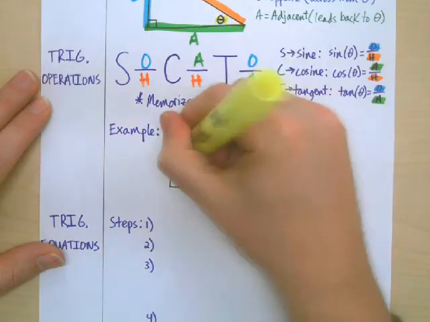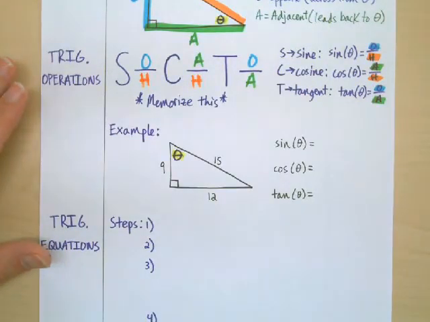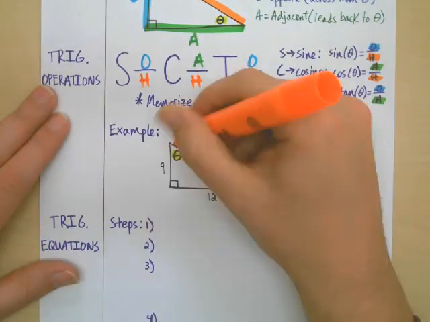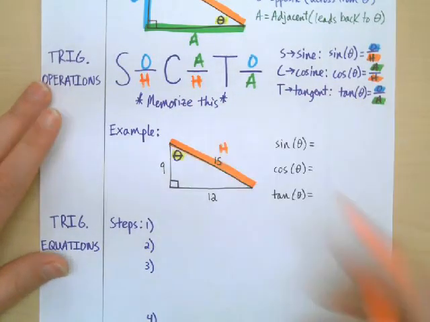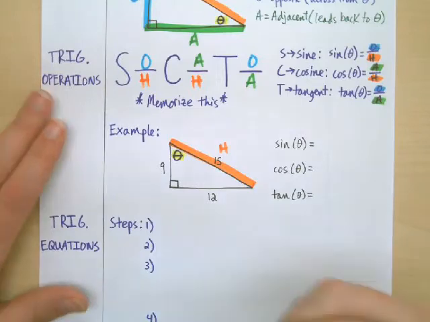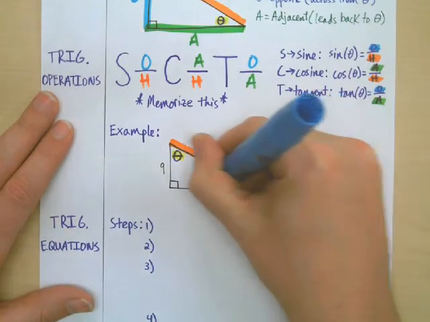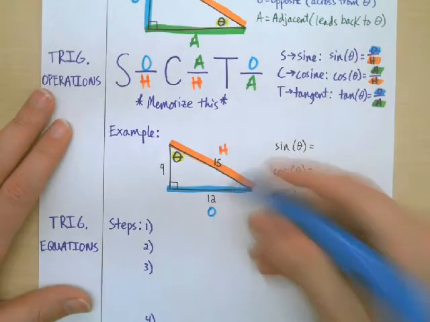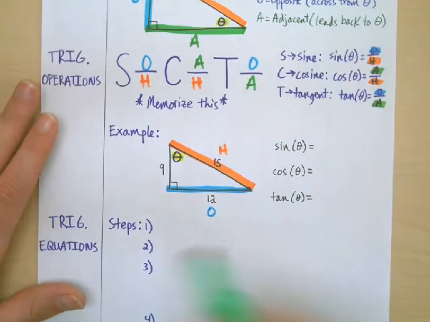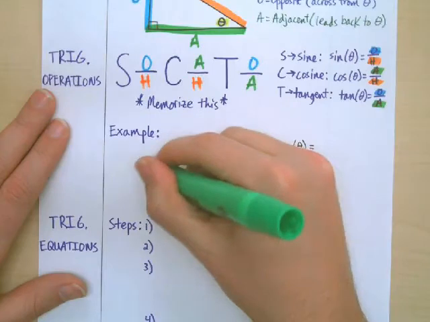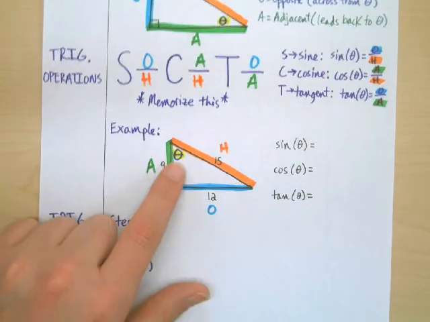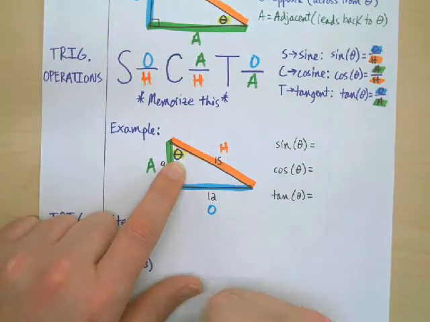So, if theta is there, that means that this side of the triangle is H, then O opposite, and A adjacent. Theta will always be given to you so that you'll know where to start labeling.